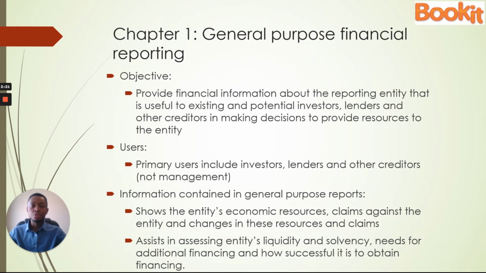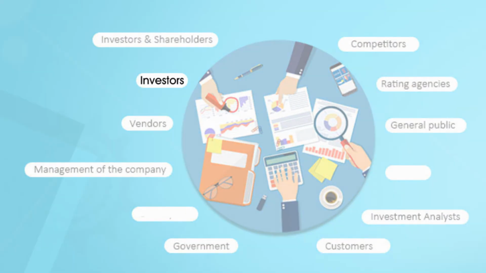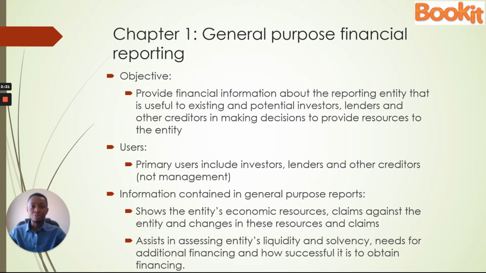The primary users of general purpose financial reports include investors, lenders, and other creditors. It is important to note that management is not a primary user, and this is because at any given point in time, management has access to the internal records which they can use to make decisions.